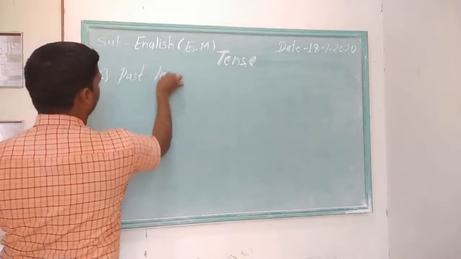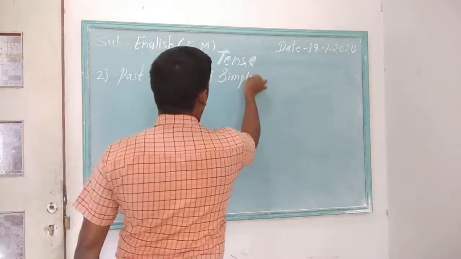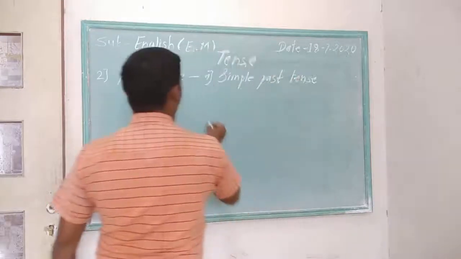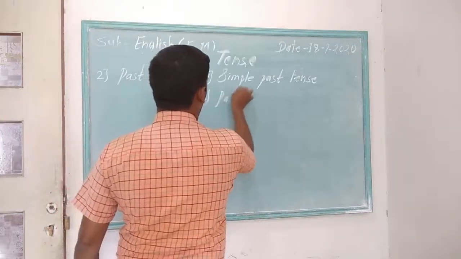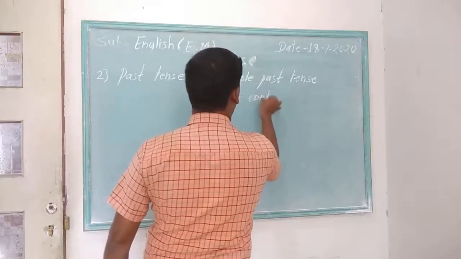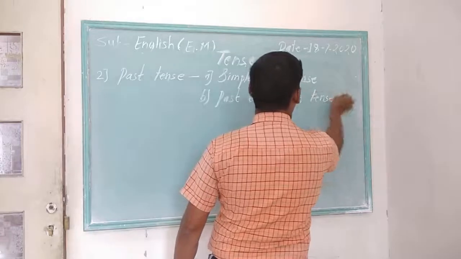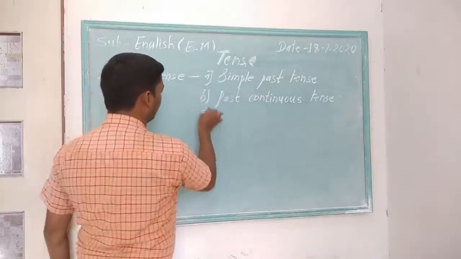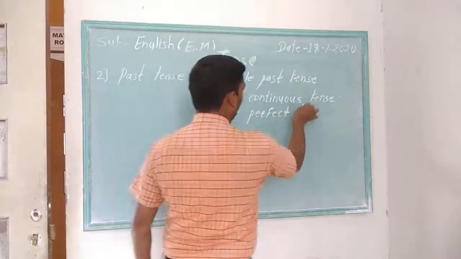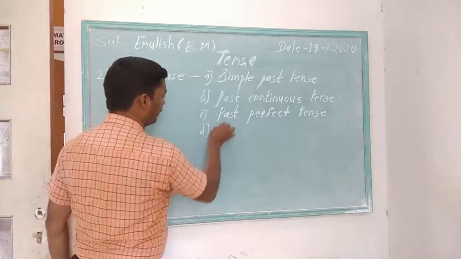Write with me. Past tense: A, simple past tense; B, past continuous tense; C, past perfect tense; and D, past perfect continuous tense.